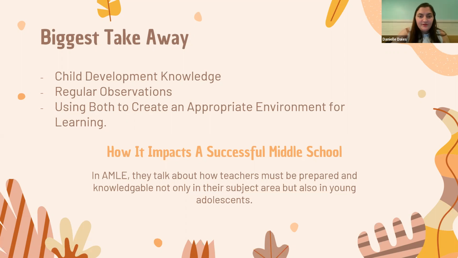And an example of this would be using the word expectations instead of rules, because rules can sometimes come across as a very negative word, and students are more prone to not follow them if they're called rules rather than expectations.